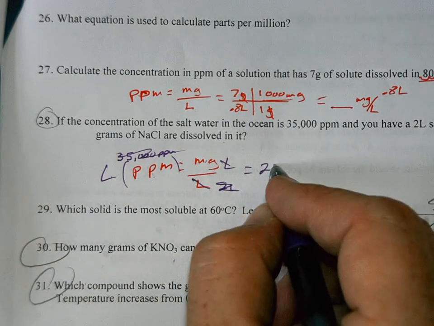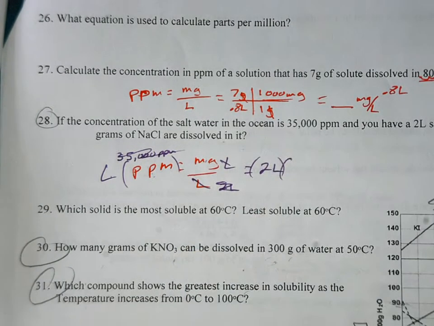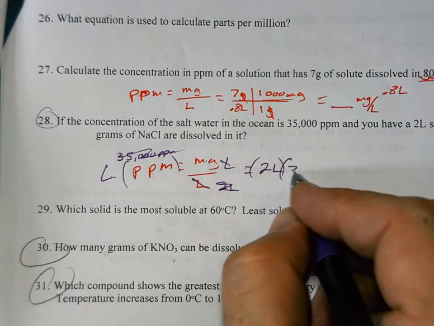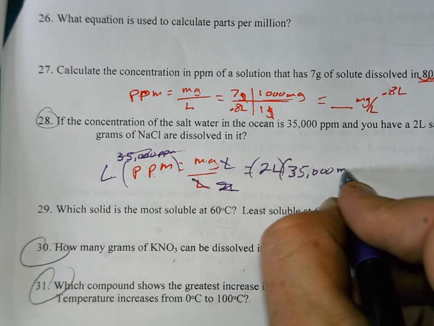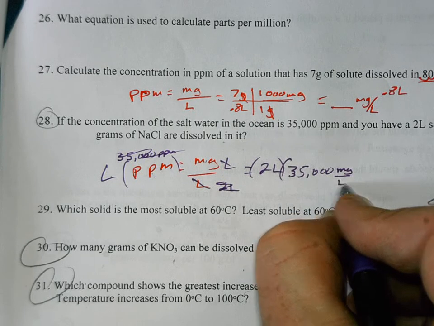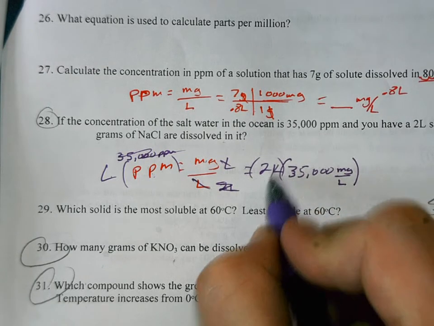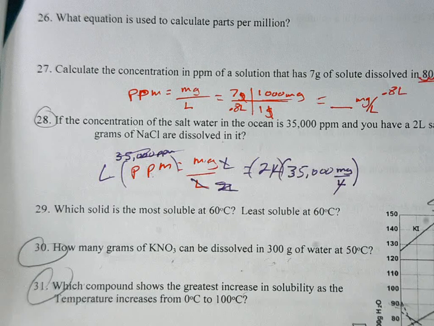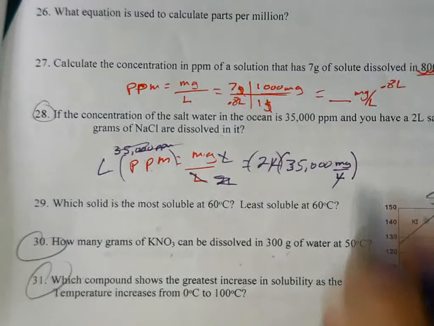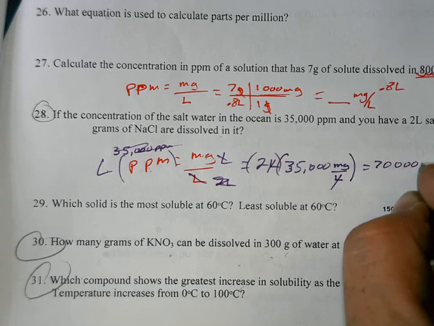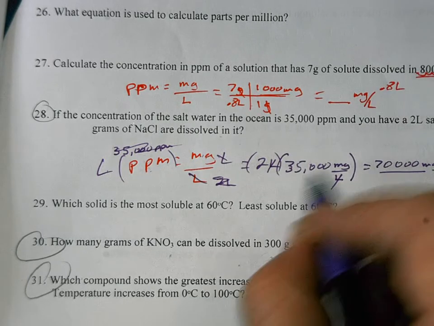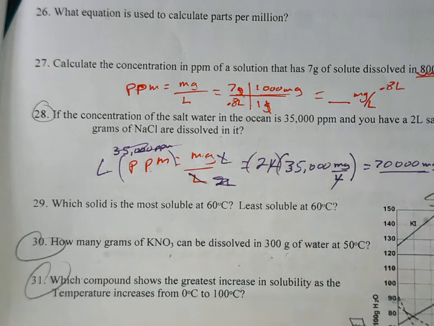We have 2 liters times 35,000. Now, this is milligrams per liter. It's parts per million, but that's what milligrams per liter is. This lets us cancel out the liters. Now, we're going to end up with 70,000 milligrams, but we want grams.